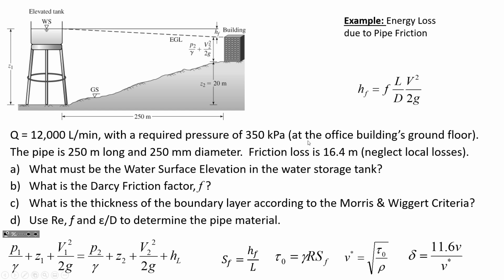So that head loss is given, and you'll be able to calculate here in part B the friction factor F. So parts A and B are just substitutions into the energy equation, and then parts C and D are where we look at the Morrison-Wigert criteria in order to find the thickness of the boundary layer. And then the final part is determining what the pipe is made out of based on the Reynolds number, the friction factor, and the relative roughness.